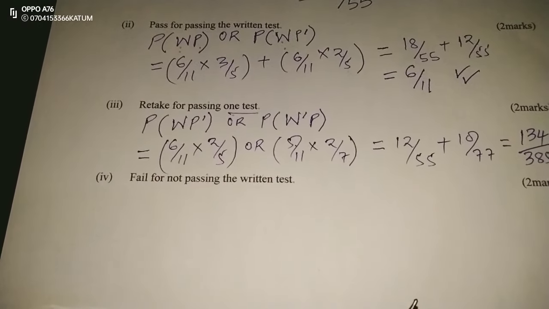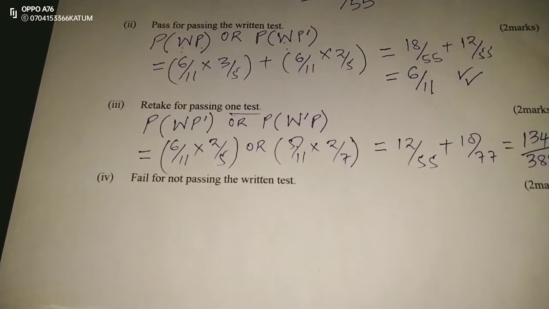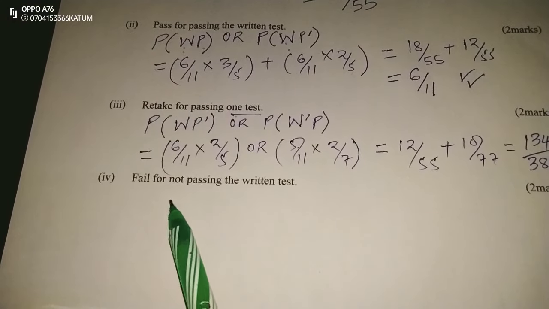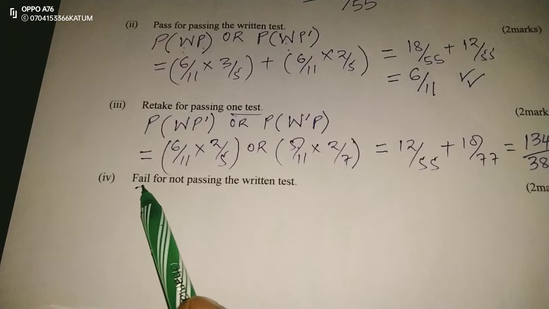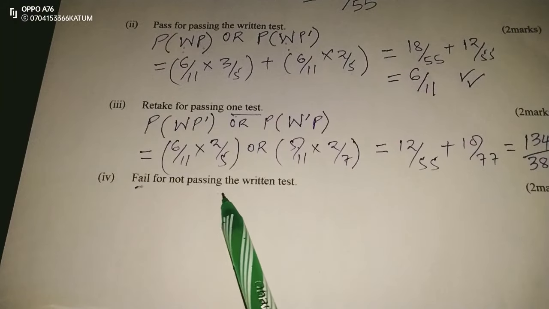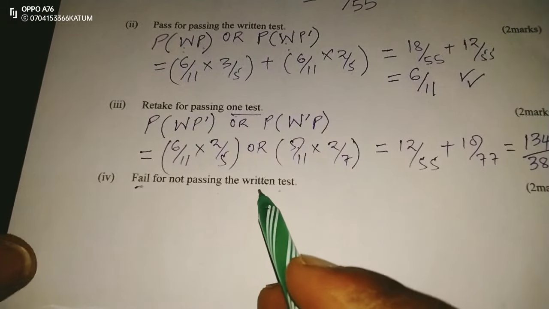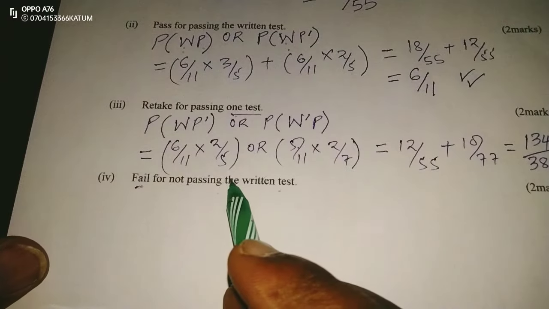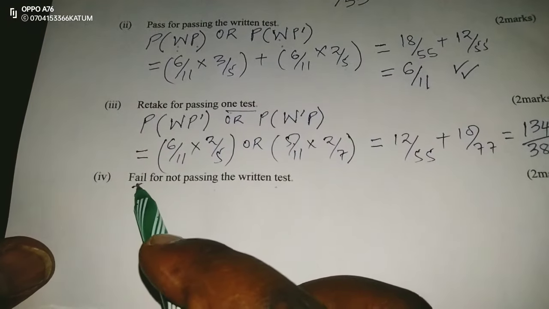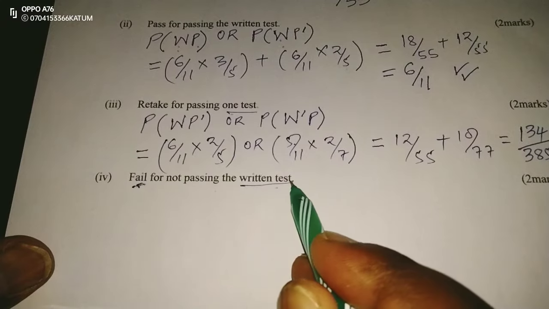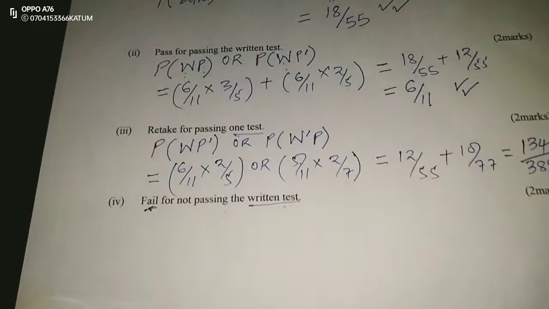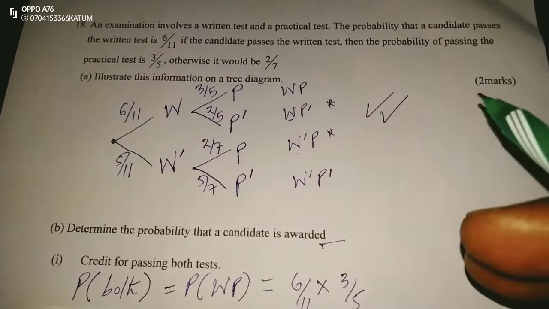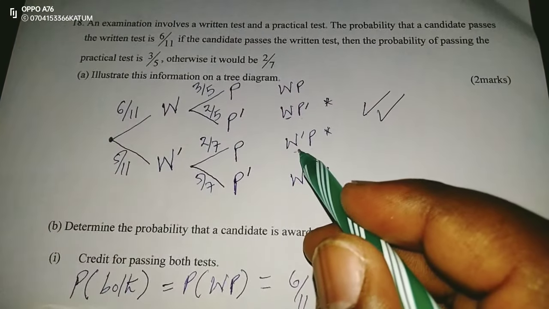Now in the last part, we've been told to calculate the probability that the student is awarded a fail for not passing the written test. Not passing the written test has two possibilities.